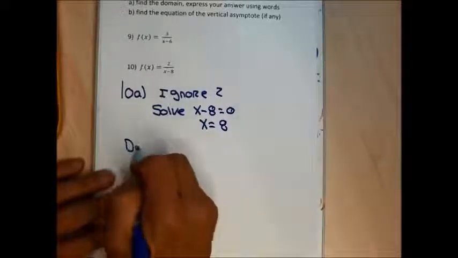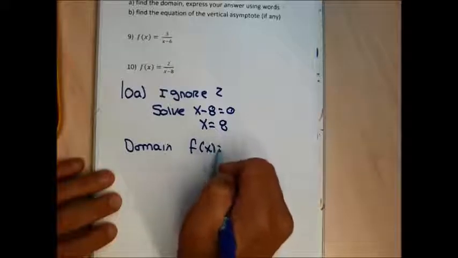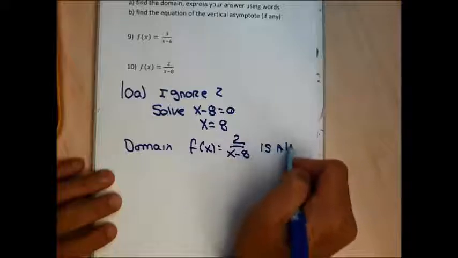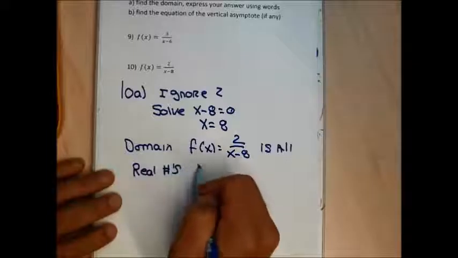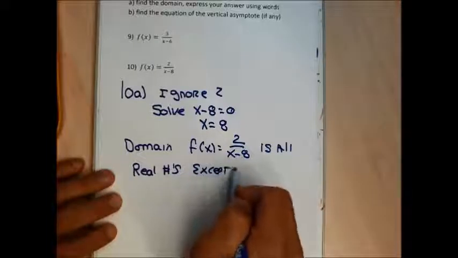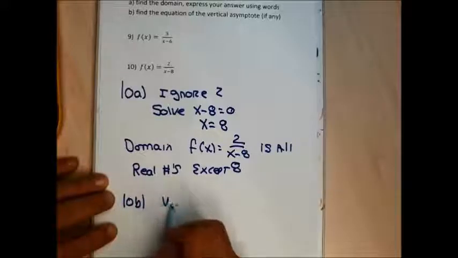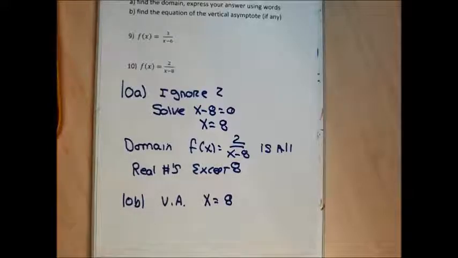I'm going to say for 10a, the domain of the fraction f of x equals 2 over x minus 8 is all real numbers except 8. When I go to write my answer for 10b, the vertical asymptote is just going to be x equal to 8. So give 9 a go.